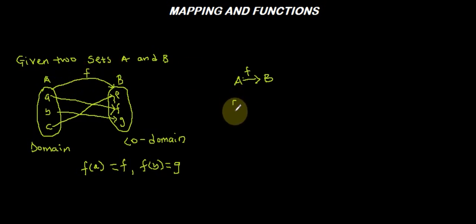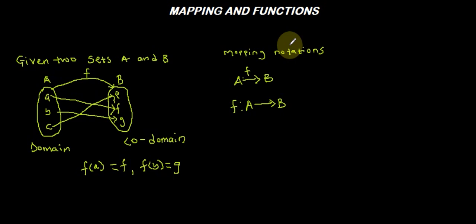So this is the mapping notation. Whenever you see this notation, what should come to your mind is that this mapping is a rule that is joining an element in A to B because the arrow is going from A to B. That's another thing to take note of.